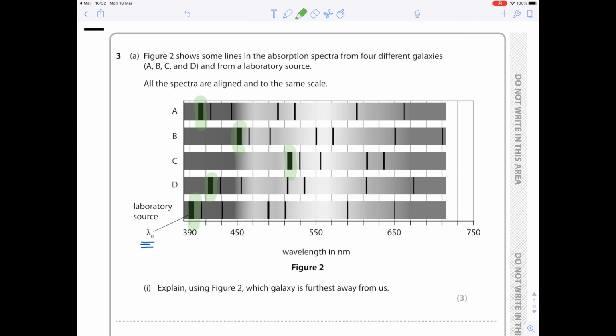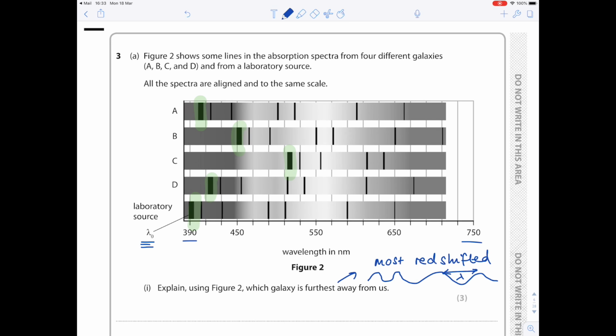And the other thing to notice is which galaxy is furthest away from us, and that means the most redshifted. Because remember, when galaxies move away from us, their wavelength effectively gets stretched like this. The wavelength is longer, and if you look at these wavelengths along the bottom of the scale, you're looking for the longest wavelength.